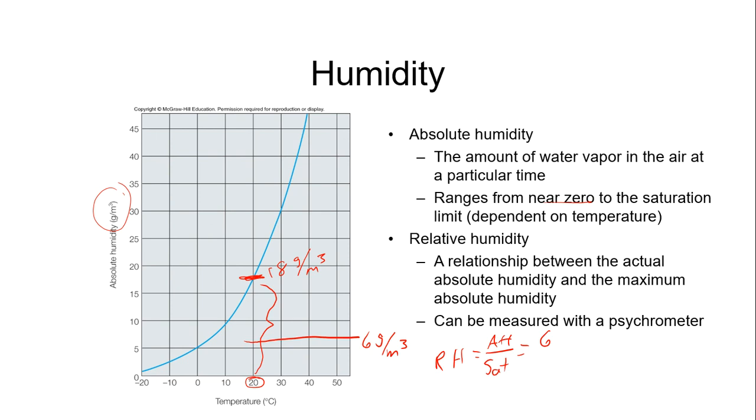In other words, we currently have 6 grams per cubic meter, but we can hold 18. If you deal with fractions, that reduces to 1/3. That means that the humidity outside is 33.3%, because that is the same thing as 1/3. So that's how you do relative humidity. Just take the absolute humidity, the amount of water in the air, and divide it by the saturation limit at that temperature. And you're done.